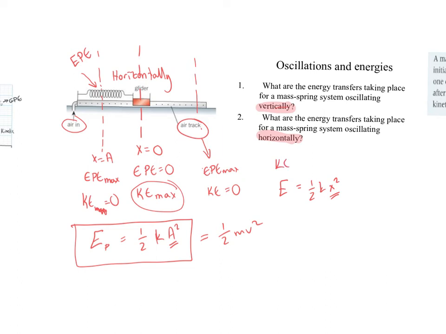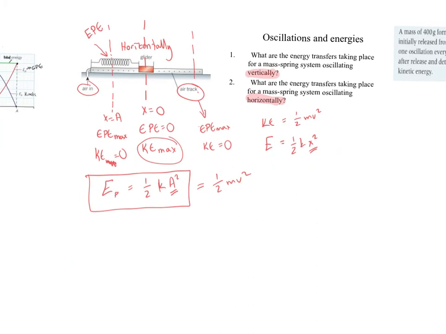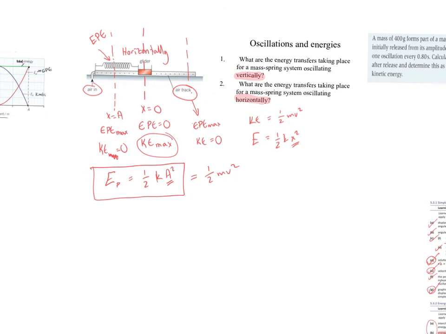Remember, kinetic energy is a half mv squared. And you can also calculate the kinetic energy at any point if you know the compression or extension of the spring. So this is the maximum elastic potential energy. But if I want to know the elastic potential energy or even the kinetic energy at a certain point, let's say at this displacement x, then you can find the maximum elastic potential energy minus the elastic potential energy at that point.